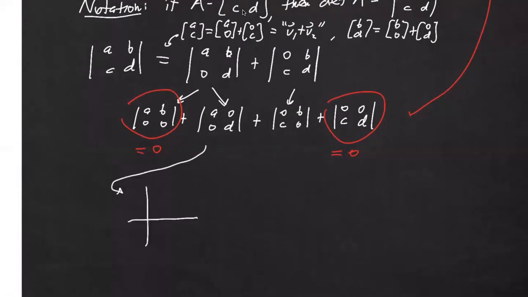Well, clearly the rectangle formed by them has area AD. So this equals AD.